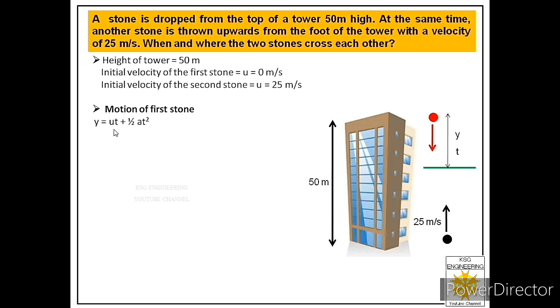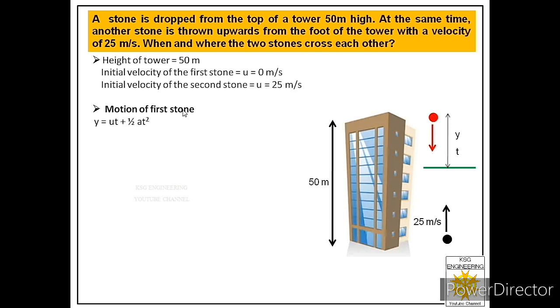Now in this case u is the initial velocity of the first stone and we know that is 0 because it is mentioned in the question that stone is dropped. And a is the acceleration due to gravity, and in case of stone acceleration due to gravity is acting in downward direction and stone is also moving in downward direction.